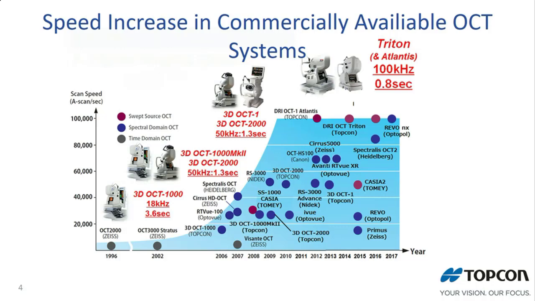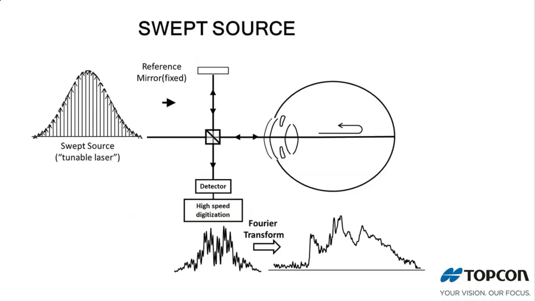Now we have research instruments that go up to 200, 400, even 1.5 million A scans per second, but that becomes prohibitively expensive, and also the signal to noise ratio doesn't make it a clinically usable instrument.